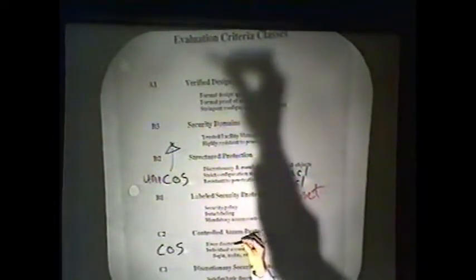The only one I know of, I think, is Multics, certified as an A1 verified design system. Basically speaking, in terms of security features, A1 is the most secure, and its difference from B3 is formal documentation and testing and that stamp of certification that goes with the security feature.